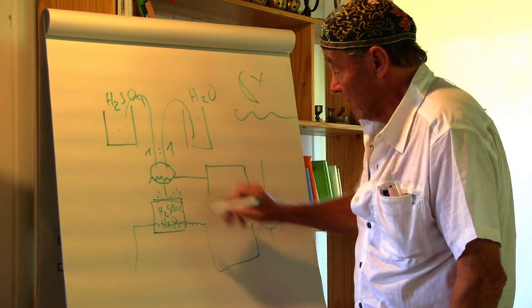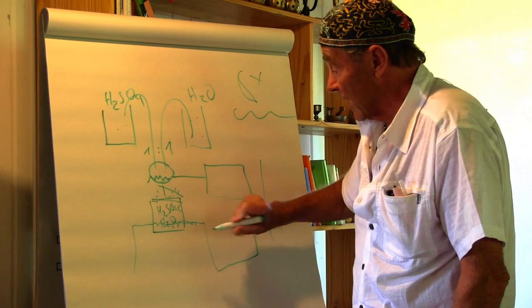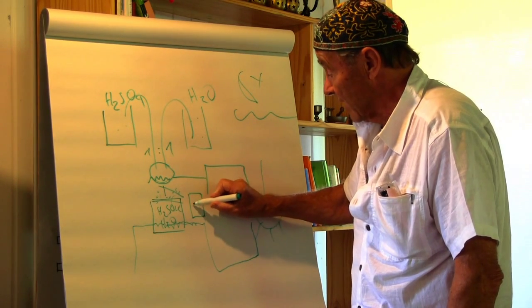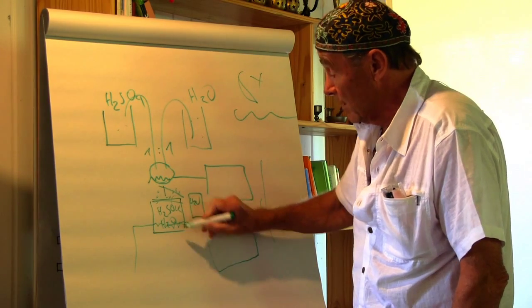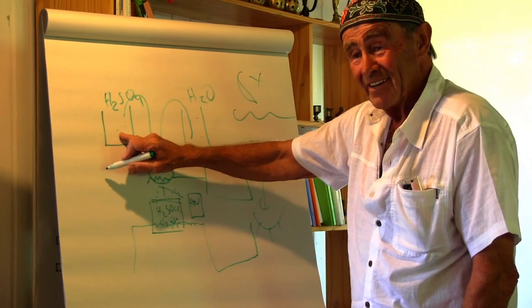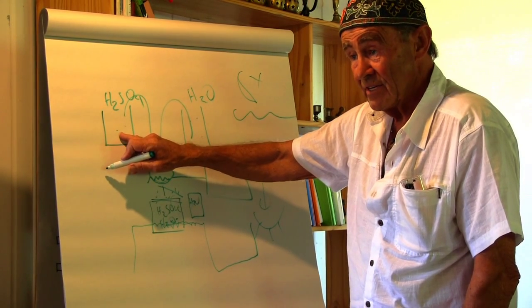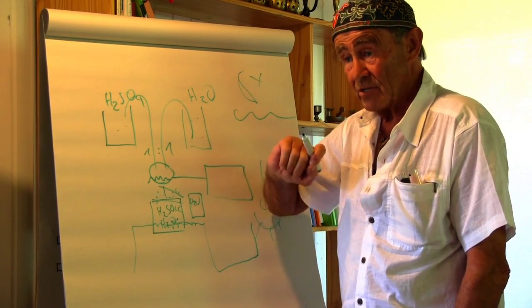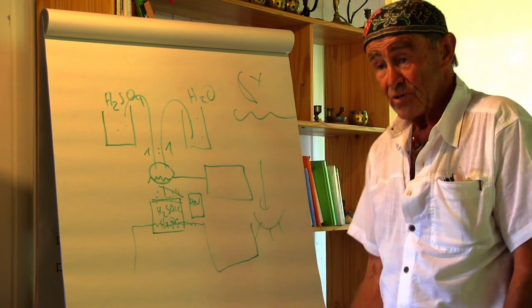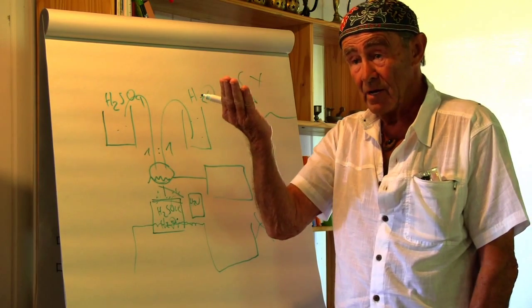Yeah, and we recollect by condensing this water, and we have again H2O here, and we have again the concentrated H2SO4. Yes, and we have another advantage, because this energy we put in is used to produce steam.